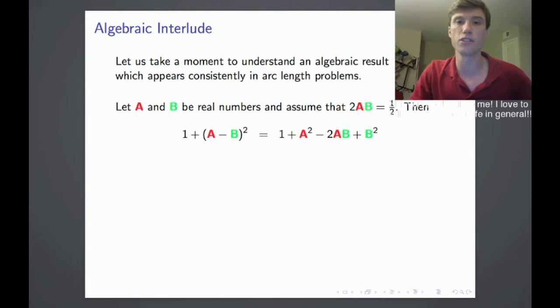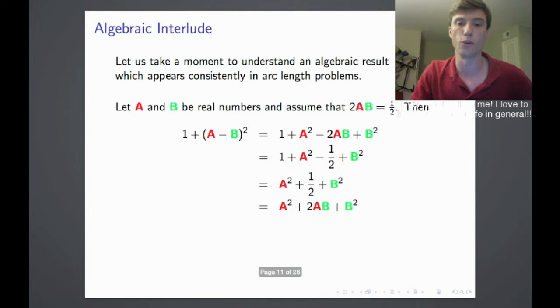We have assumed that 2ab is equal to a half, so this becomes 1 plus a squared minus half plus b squared. We can combine the 1 and the negative 1 half, and we get a squared plus 1 half plus b squared. We then replace 1 half with 2ab, and we have the expression a squared plus 2ab plus b squared. This is a perfect square and is equal to (a plus b) squared.